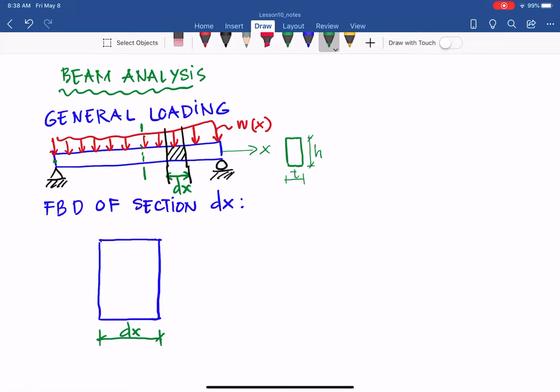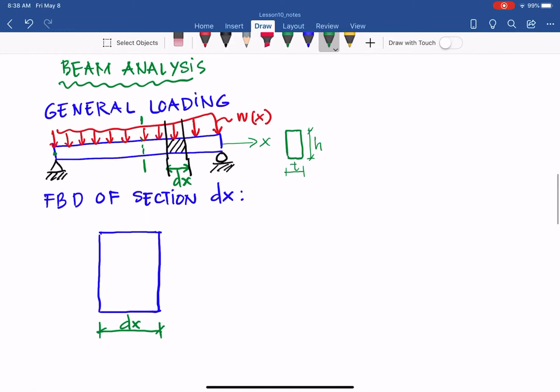With that, we cut the differential slice section dx, and as you recall, with that free body diagram we have to show all the forces acting on it. The first one is the distributed load on it, any random distributed load, and that is w(x). It varies, and doesn't need to be uniform. On the left side of that differential slice, we have the internal shear force V, to keep that differential slice in equilibrium.